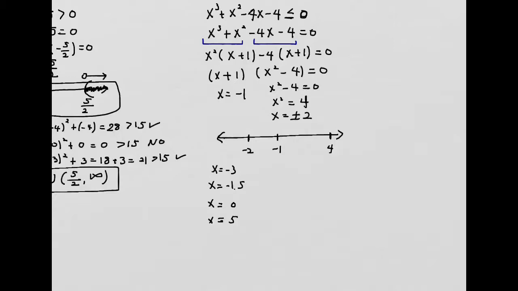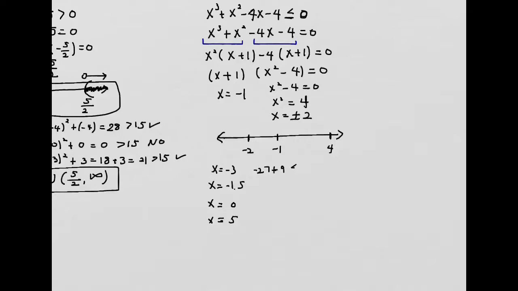So I'm going to test how many different areas? 1, 2, 3, 4 different areas. So let's test the first area, -3. When I replace x with -3, -3 cubed gives you -27, plus -3 squared, which is 9.